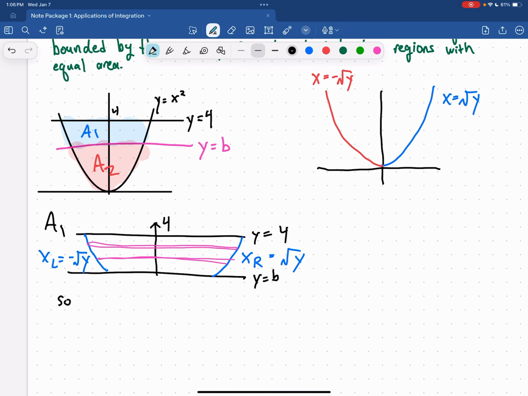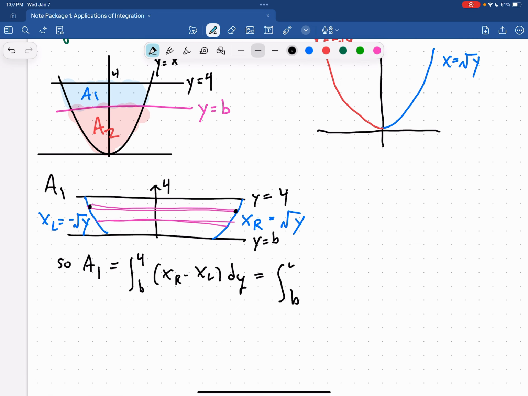And so you can say that our A1, so y is ranging from b to 4, we have x right minus x left, dy. Then let's put that in. So we have root y minus negative root y dy. So that's the integral from b to 4 of 2 root y dy.